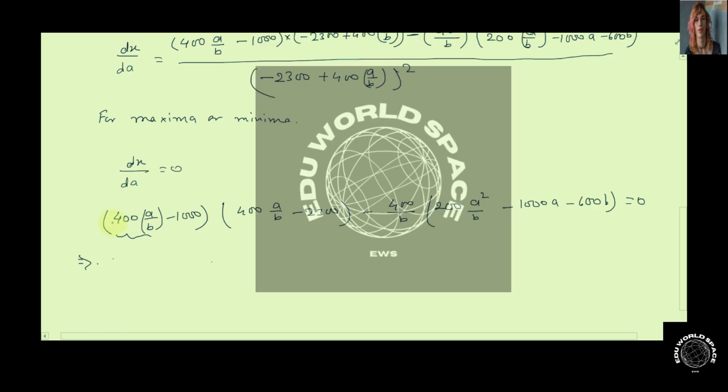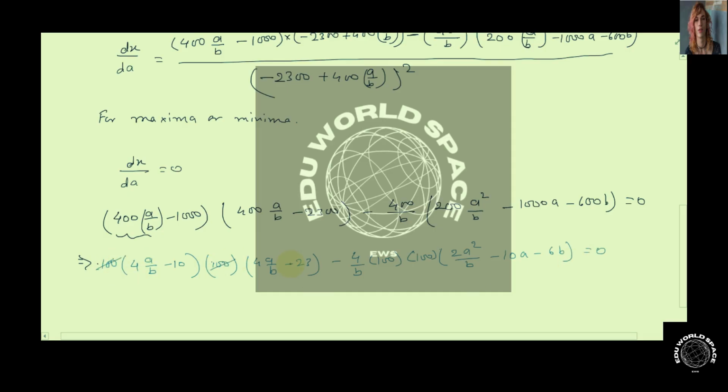So if we take 100 out of this box, this will be 100 multiplied by 4a upon b minus 10 into, and again taking 100 out of this box also, this will be 4a upon b minus 23 minus this 4 upon b into 100, and taking 100 from this box also, it will be 100 multiplied by 2a square upon b minus 10a minus 6b, and that is 0.